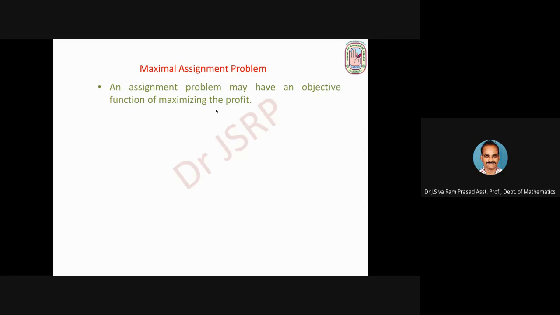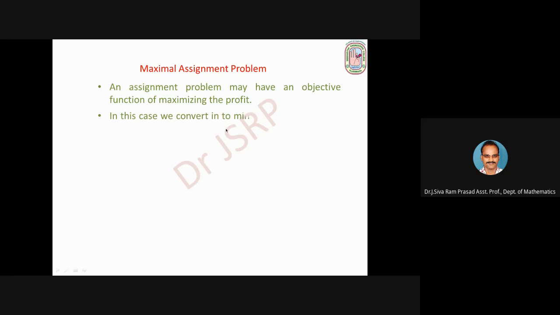But in some cases, we have to observe whether the entries in the given matrix are profits or returns, etc. In that case, the given problem is a maximal assignment problem.